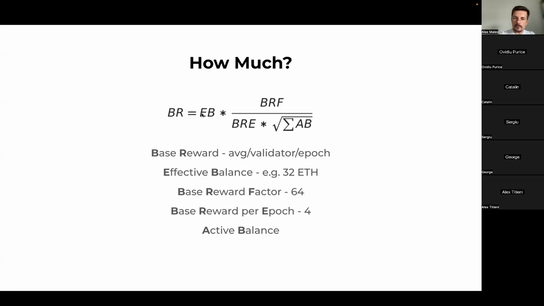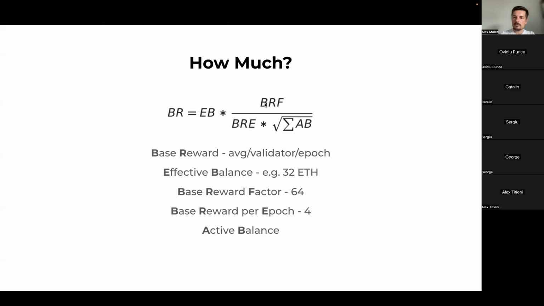And the base reward depends on the effective balance. If you have 32 ETH staked, you'll get a base reward that is twice as low as if you have 64 ETH in effective balance.